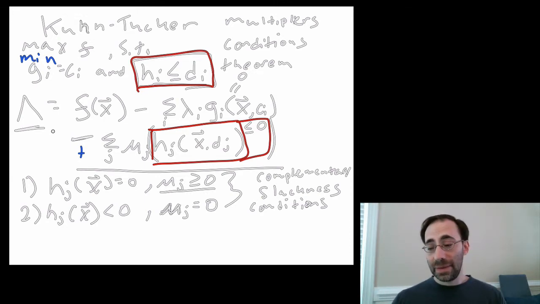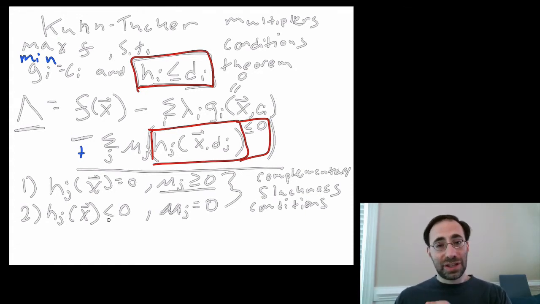Nothing's changed there. What's added are the new conditions, the complementary slackness conditions. You can't differentiate with respect to the mu's, because sometimes they're just identically 0 and the h's are not actually binding.